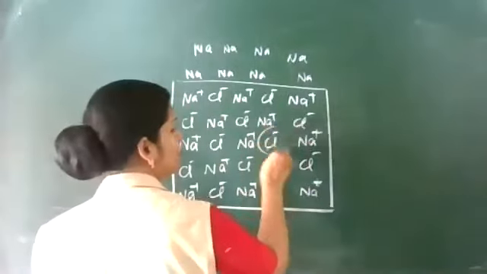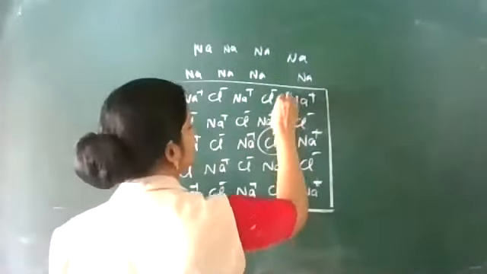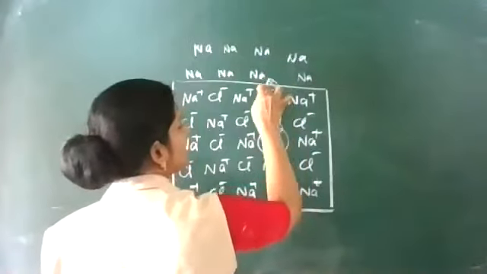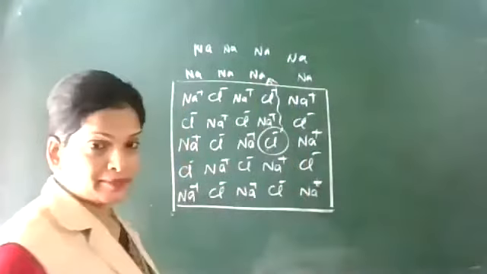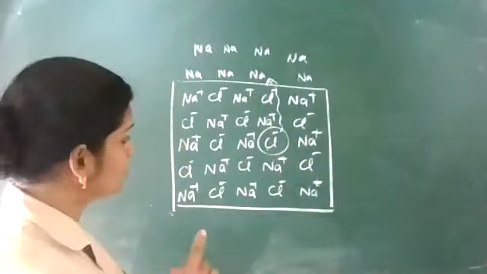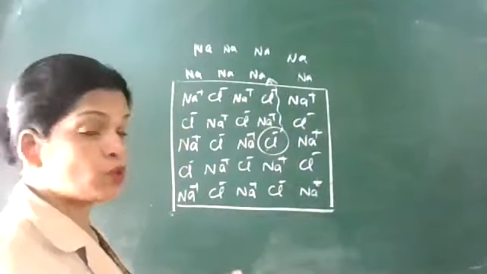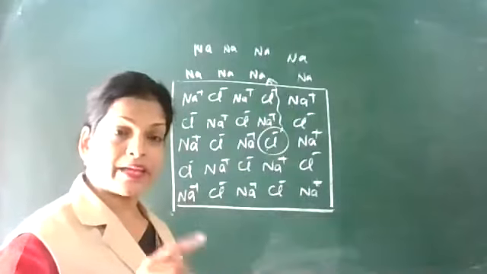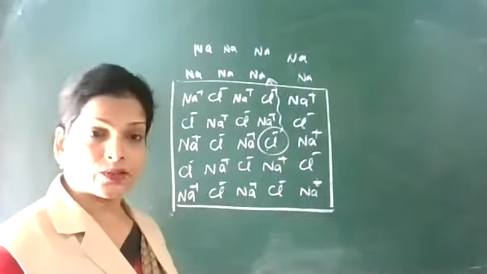Cl minus from the interior diffuses to the surface and combines with Na. But for Cl minus to come, there should be Na plus. That means Na should lose one electron.